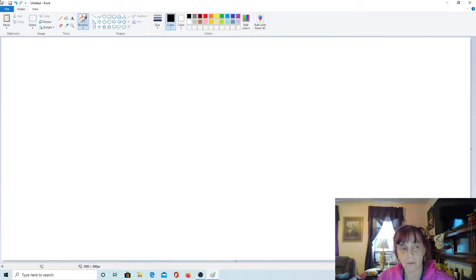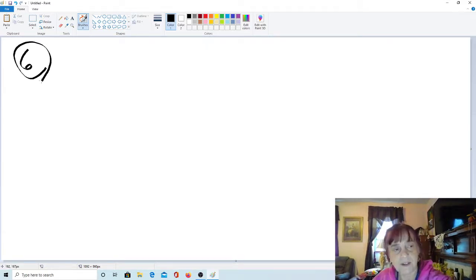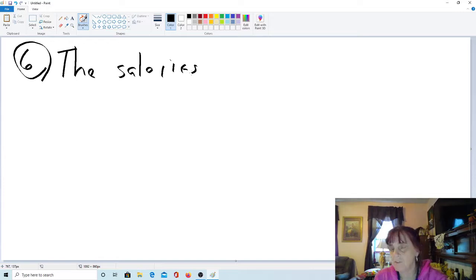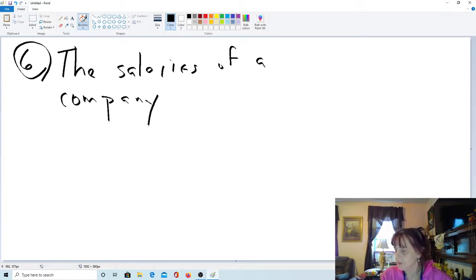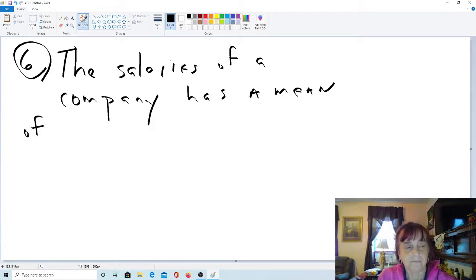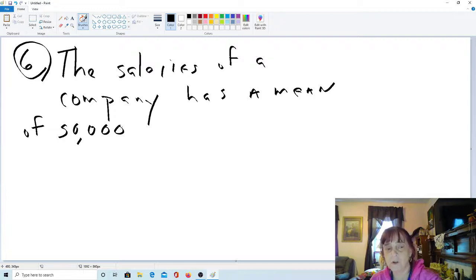Now, this is a normal curve problem. The salaries of a company has a mean of $50,000 and a standard deviation of $20,000.